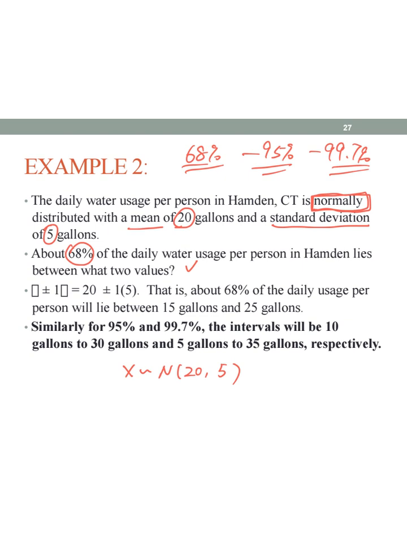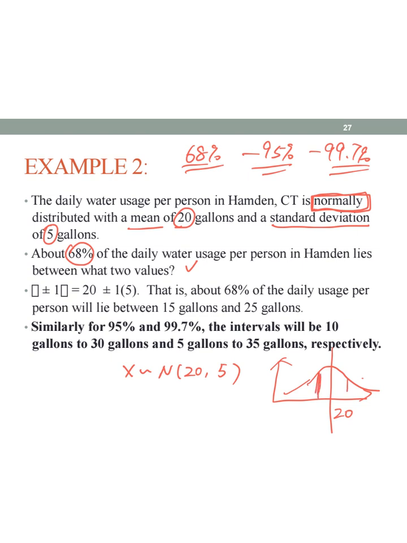So we want to figure out between what two values 68% of the daily water usage per person in Hamden lies. I want to draw a bell-shaped curve. My X follows a normal distribution with mean equal to 20, standard deviation equal to 5.